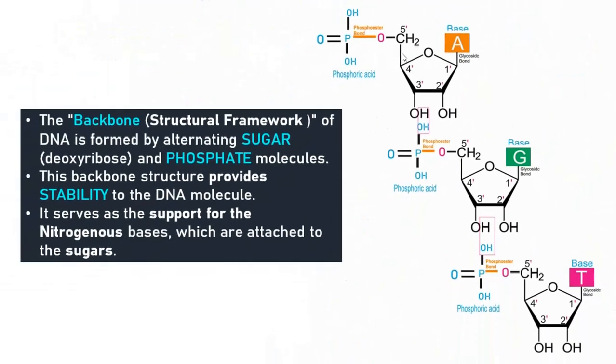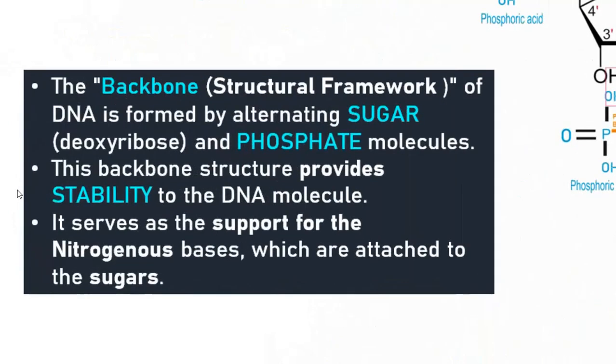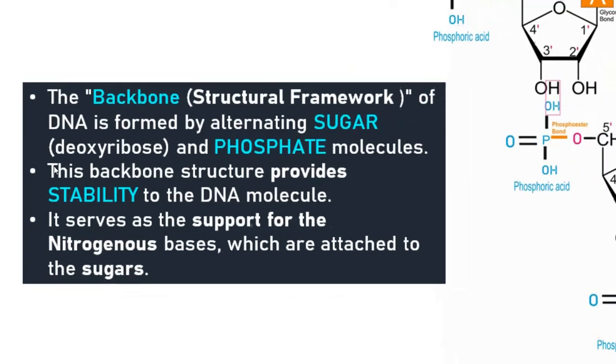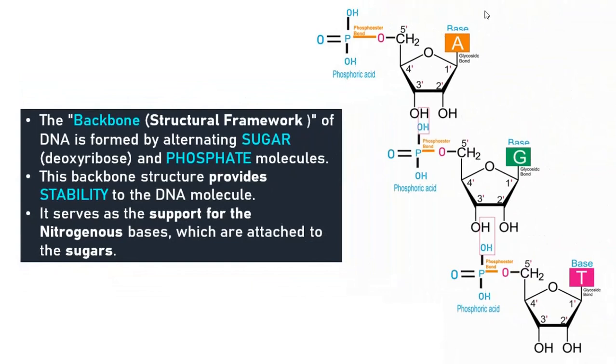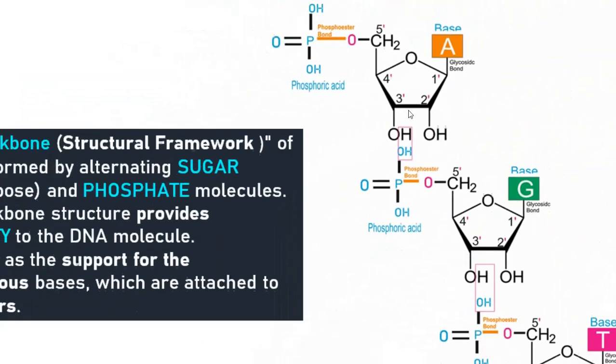So the backbone of the DNA is formed by the phosphate as well as the sugar. This backbone provides stability to the DNA molecule, and it serves as the support for the nitrogenous bases which are attached to the sugars.